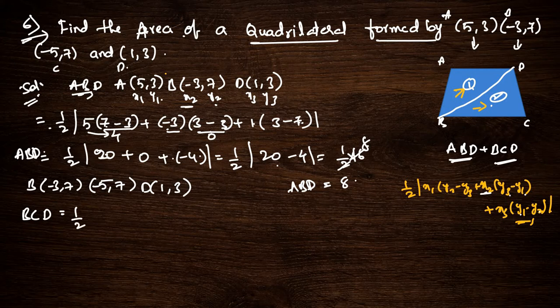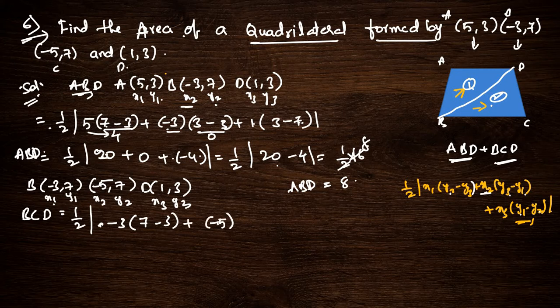So 1 by 2 mod of this, where this is x1 y1, this is x2 and y2, this is x3 and y3. So in this, x1 is minus 3, into y2 minus y3, so y2 minus y3 is minus 7 minus 3, it will come here, and plus x2, which is 5 here, minus 5.